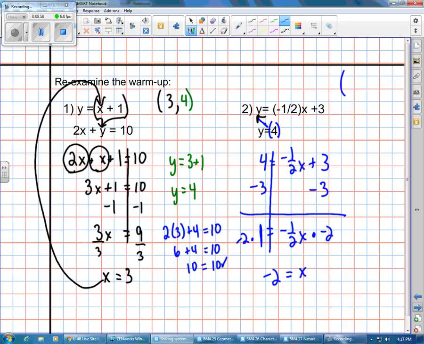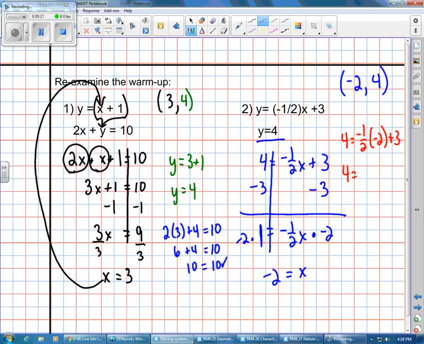So I have half of my answer here. But wait, I don't even have to do any math to figure out what y equals, because it's telling me right here that y equals 4. Now I can take those answers and check them in this top equation. So does 4 equal negative 1/2 of negative 2 plus 3?